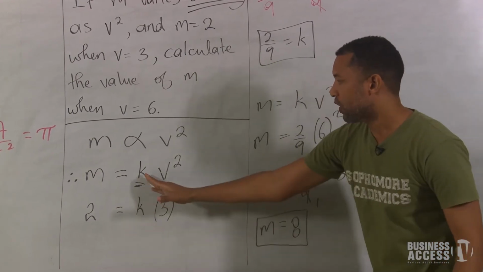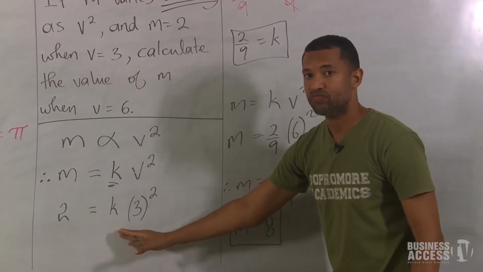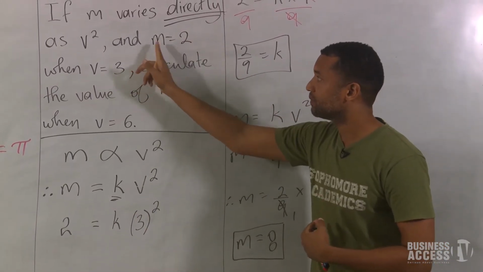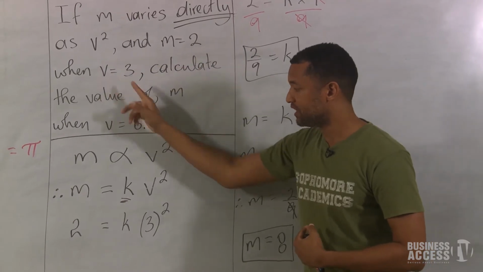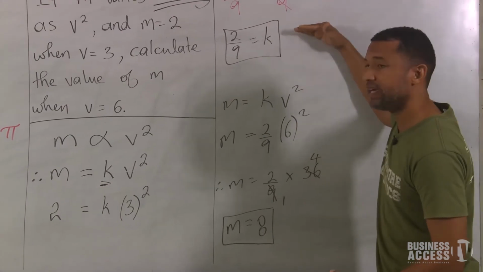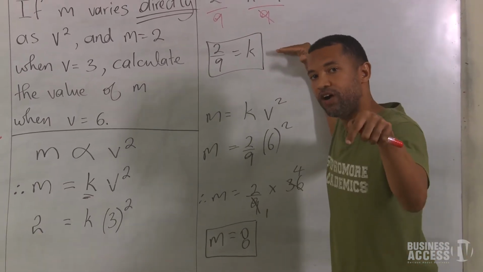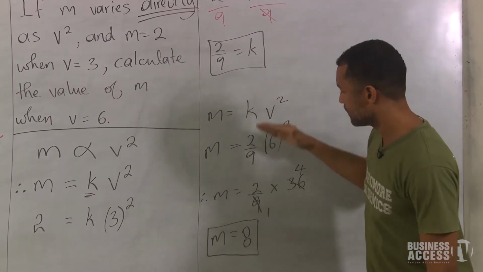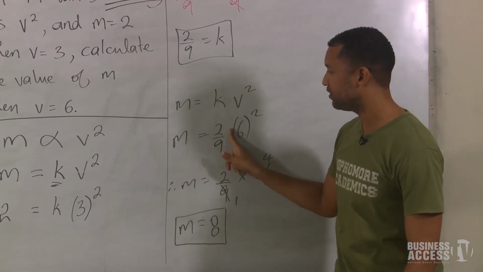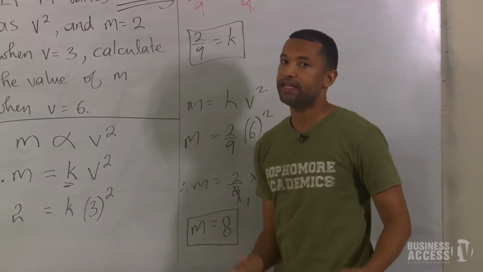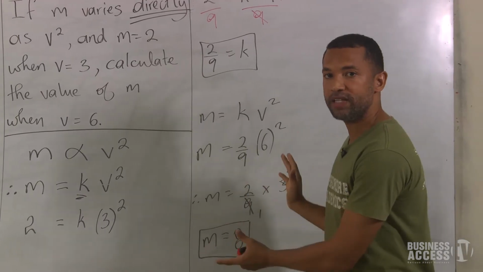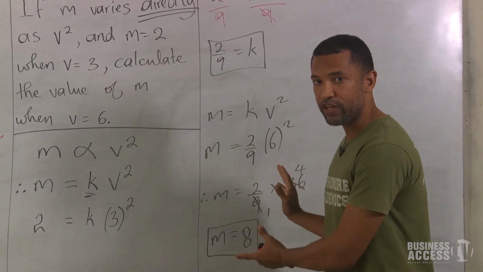So after finding the value of k, using the information that they gave us, because they told us that m is 2 when v is 3, you found the value of k, and then you use the value of k that you found to start over again. Put in the value of 6, the value of k, multiply across, you have the value of m. Ladies and gents, a beautiful example of a question on direct variation.